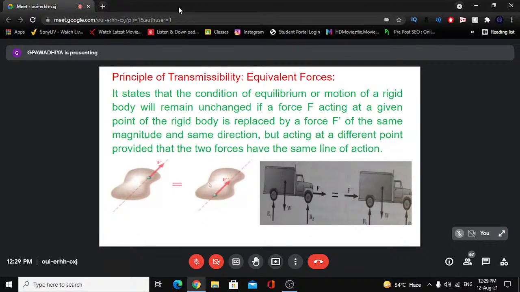That is one important thing. This is known as the principle of transmissibility of forces. This comes out to be a very handy approach to analyze structures. We'll do some problems here, discuss its application, and then you will use it extensively in structure analysis.